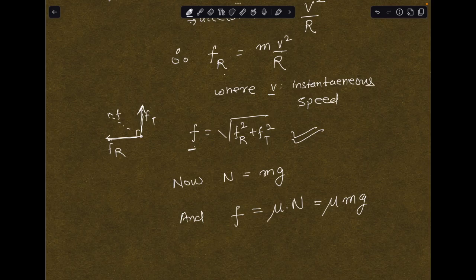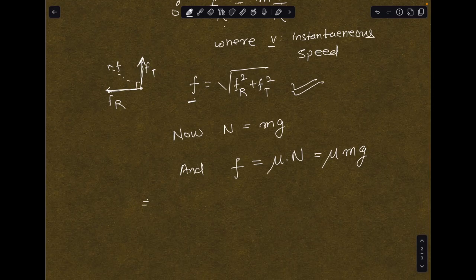Because we are talking about the limit here, we want to find the situation where force of friction becomes really equal to mu mg, and the skid happens just beyond that. So this is the equality we need to look at. So square root of fr square plus ft square equals mu mg.